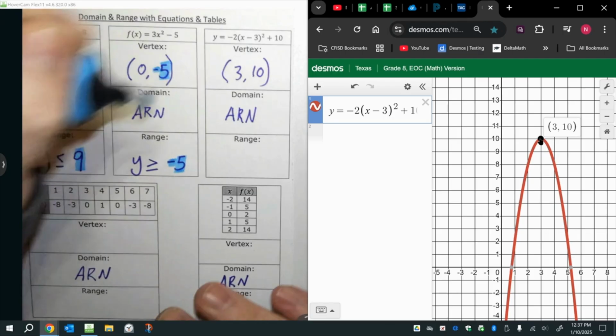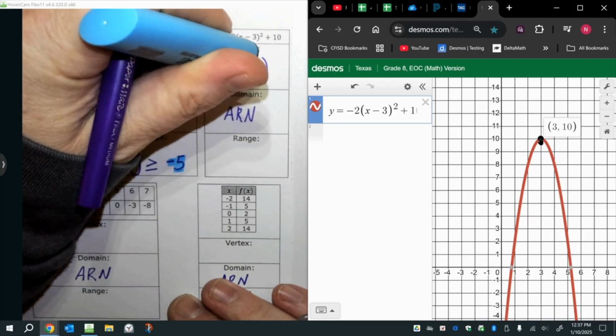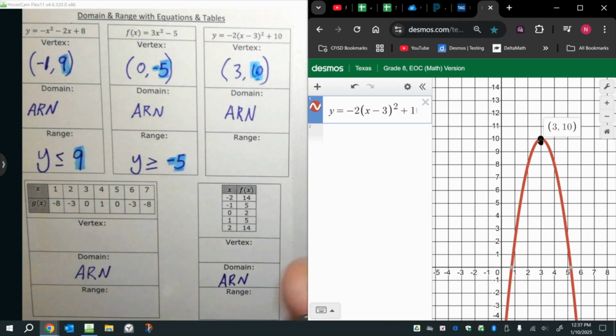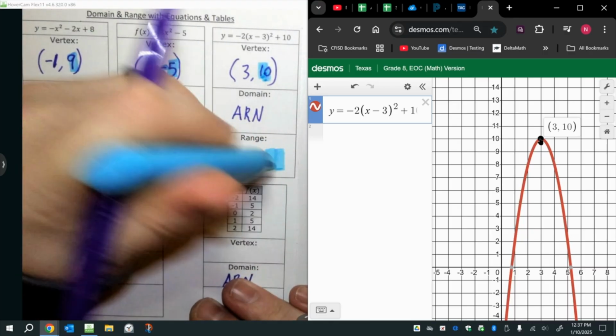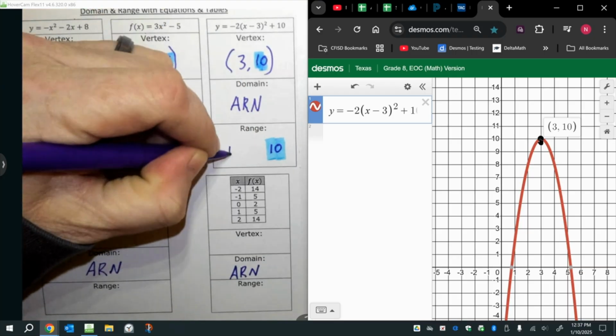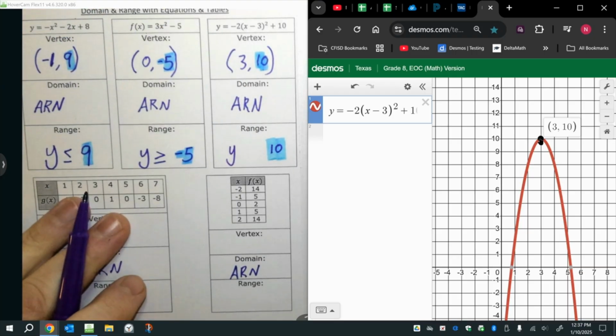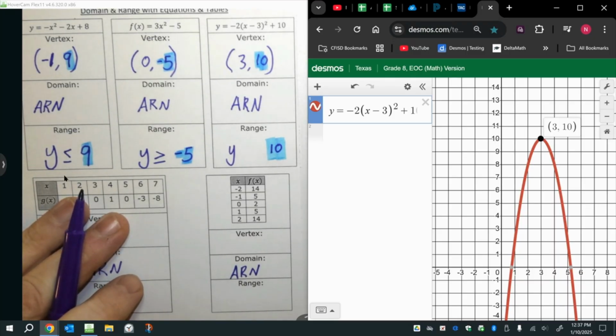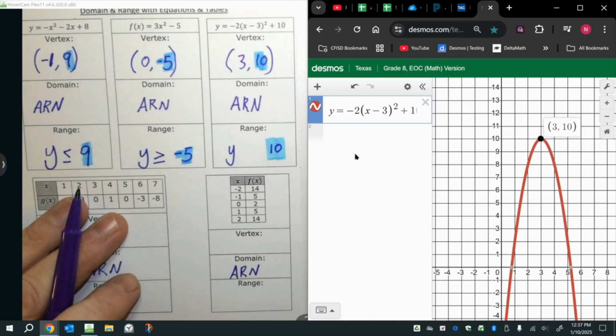We already know we're going to use the 10. Question is, what is this? Well, this is a maximum, same as the first one. So all of your y values are less than 10.